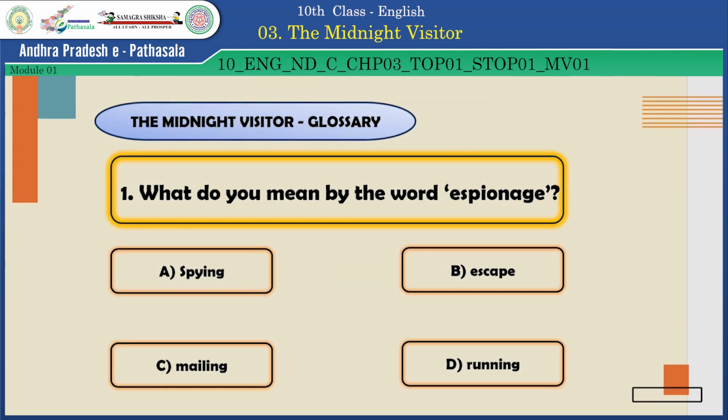Dear children, here are a few questions for you. Glossary. What do you mean by the word espionage? Options: A. Spying, B. Escape, C. Mailing, D. Running. You are right. The correct answer is A. Spying.